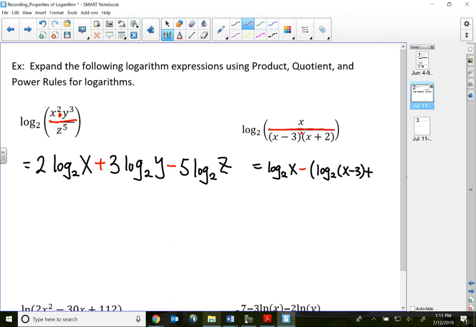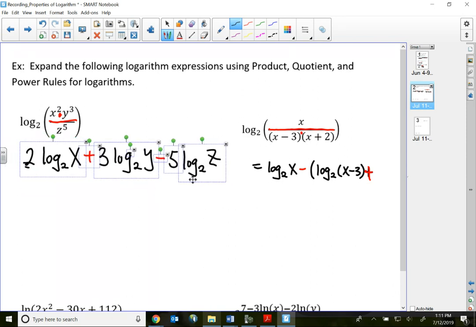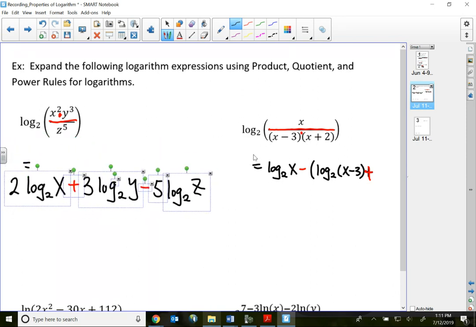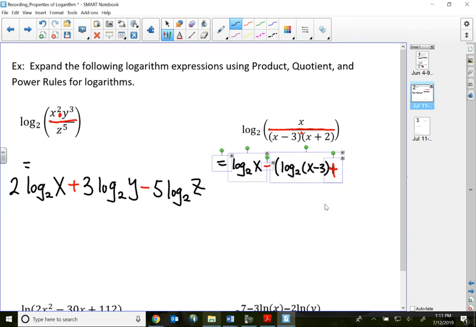Plus, this multiplication means plus log. Let me move this over a little bit. Plus log with the base 2 of x plus 2.